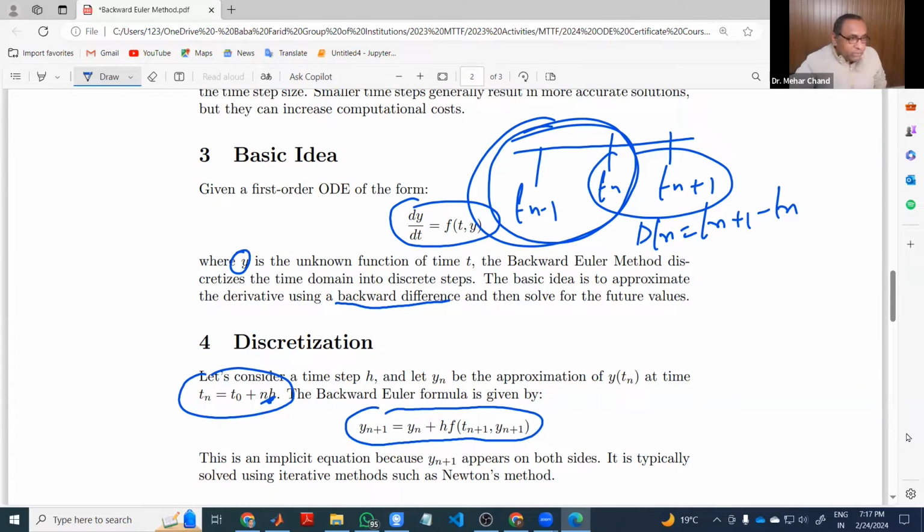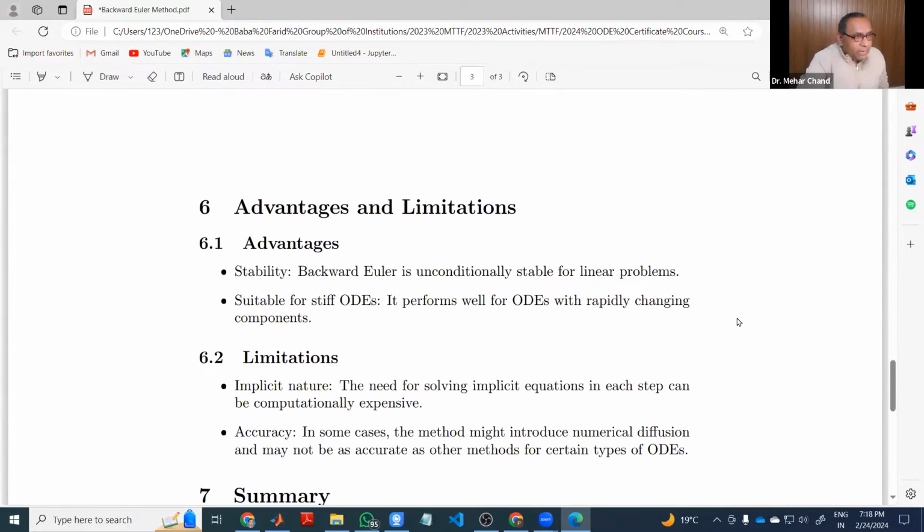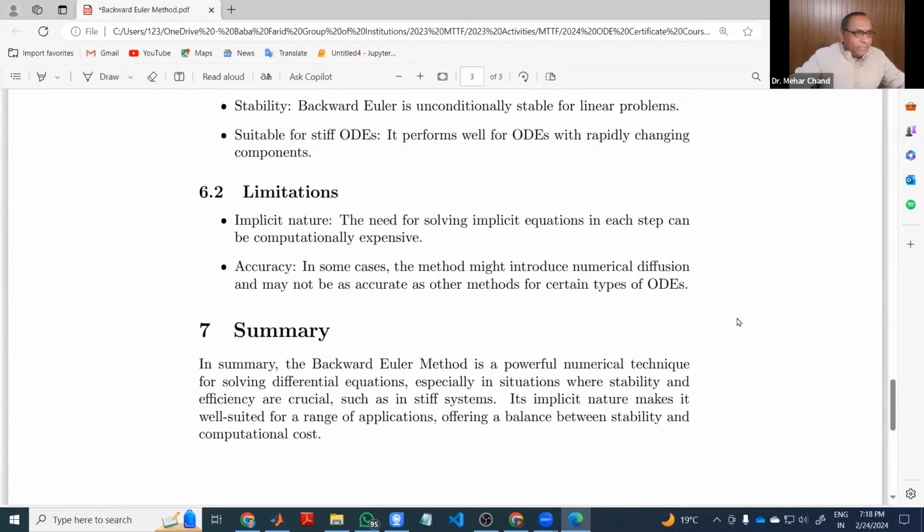This equation will be used, and this is the implicit equation because yn plus 1 appears on both sides, on the left hand side as well as on the right hand side. So it is typically solved using an iterative method such as Newton's method.